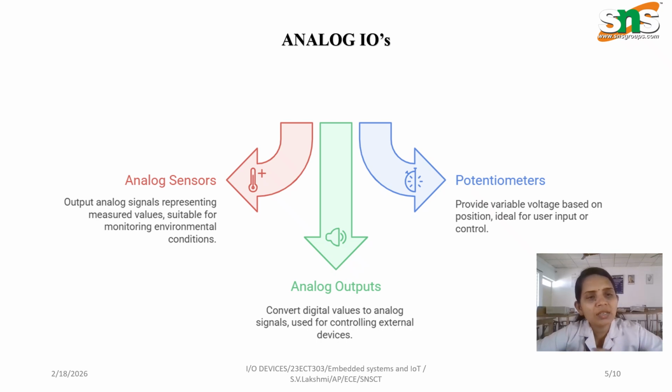Analog sensors represent the measured value directly from the environment, and it is converted with the help of the ADCs and processed. The outputs convert digital values to analog signals, which are used for controlling external devices. A potentiometer is one such example of an analog input device. The function of the potentiometer is that it provides a variable voltage based on the position.